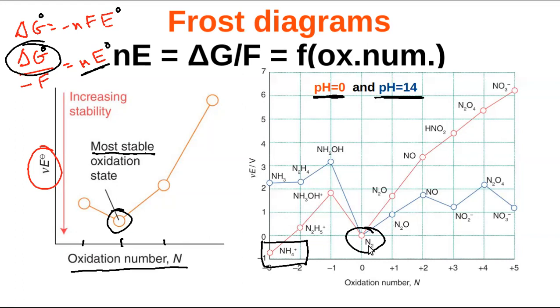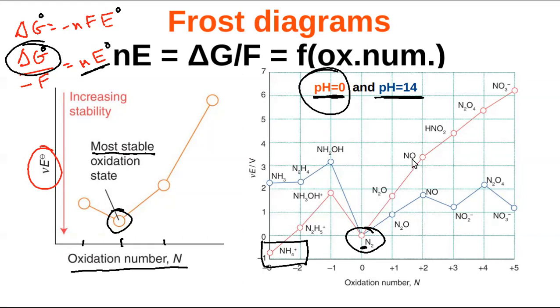So I don't see the pH dependence very much in a Frost diagram. It's usually just given at pH 0, the most common, and you can definitely use it for stating that N2 is very, very stable.